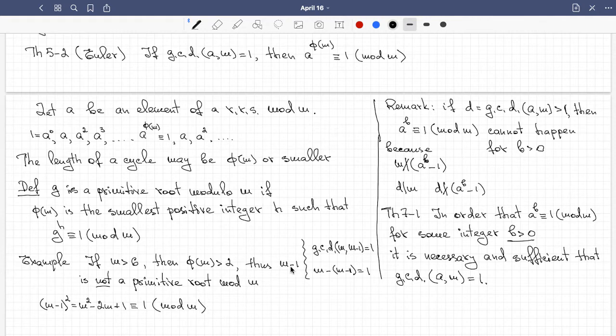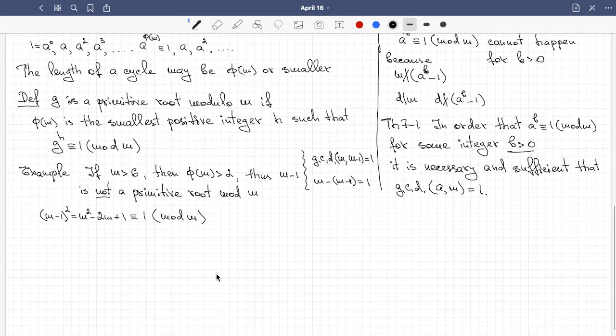So for this element, m minus 1, the length of our cycle is 2, while as soon as m is bigger than 6, phi of m is bigger than 2. So this element gives us m minus 1, 1, m minus 1, 1. The cycle is too short, phi of m is bigger. So unless m is too small, this is not a primitive root. Not every element is a primitive root modulo m.